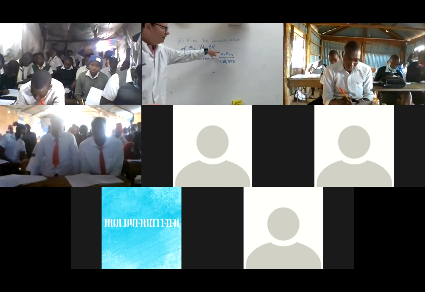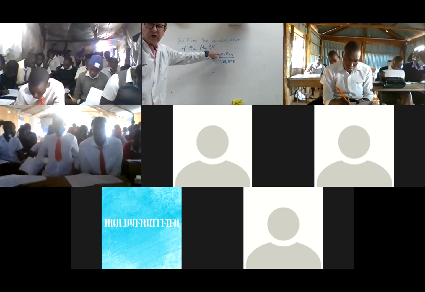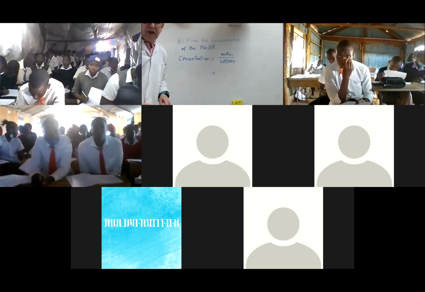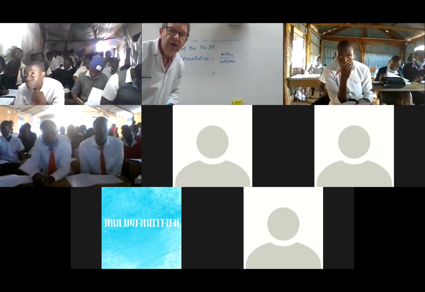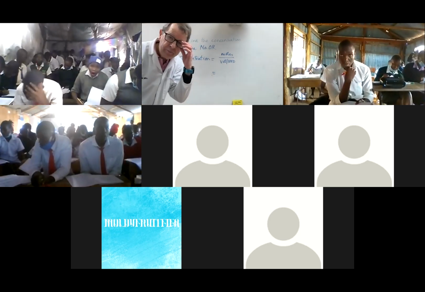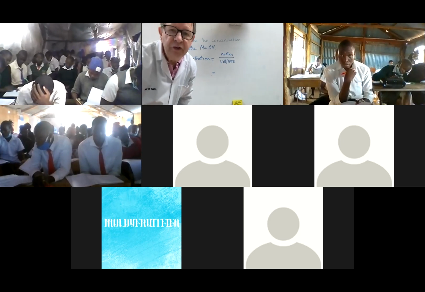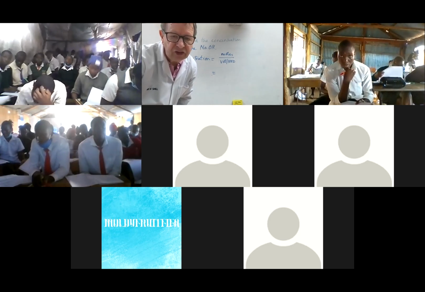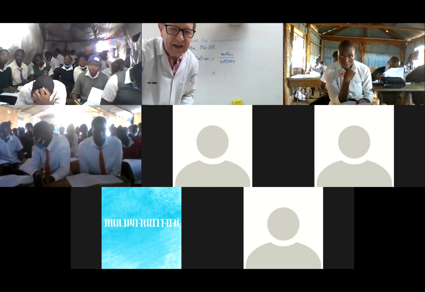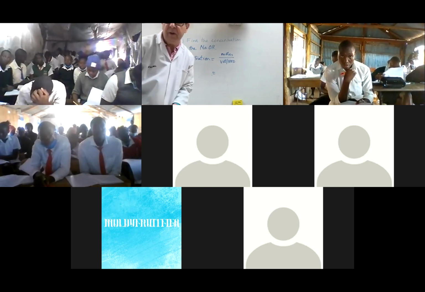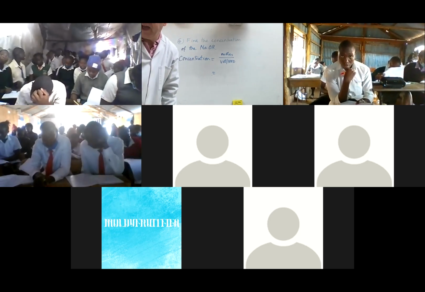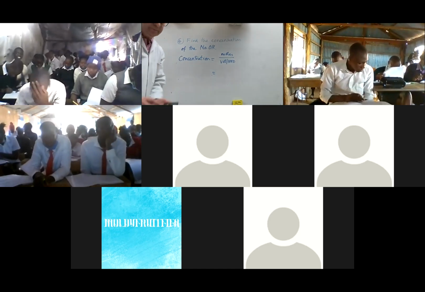Now I have just worked out the moles of the sodium hydroxide. And if you look in the question, it tells you the volume. You find that volume in the question, which we wrote down, and it will make sense.